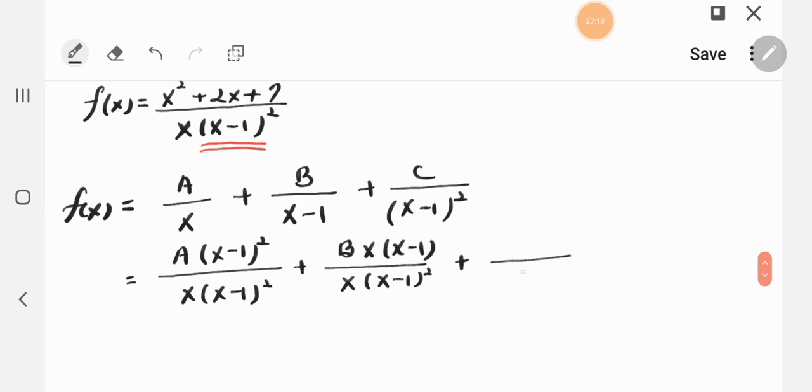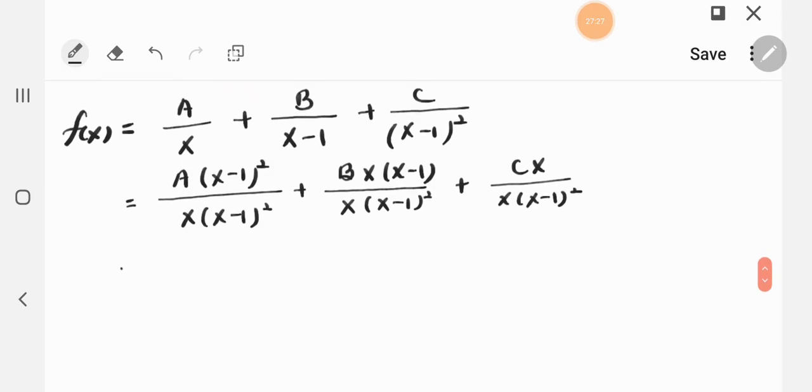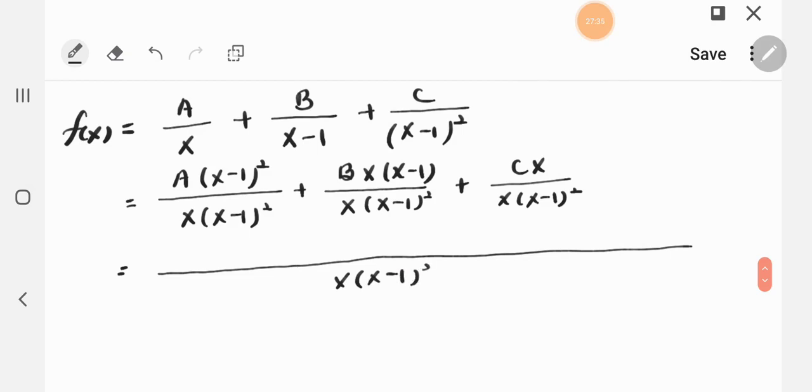And for the last one, x times x minus 1 squared, so multiply c by the missing factor x. And then what we do is add the numerators. So the denominator is x times x minus 1 squared. All right, let's add it.